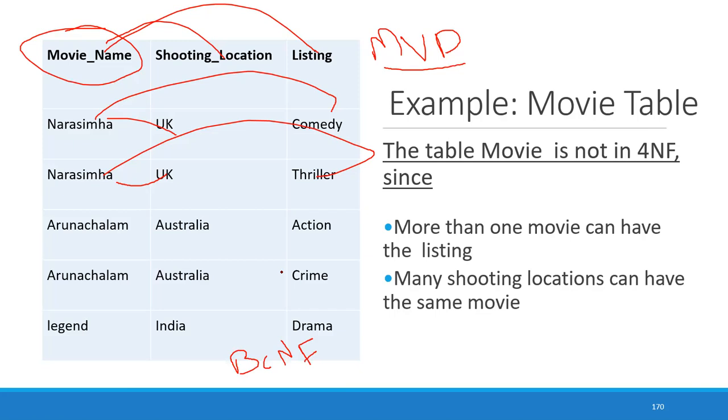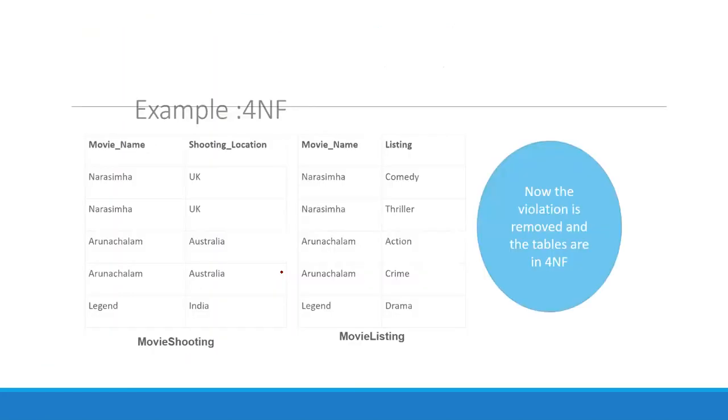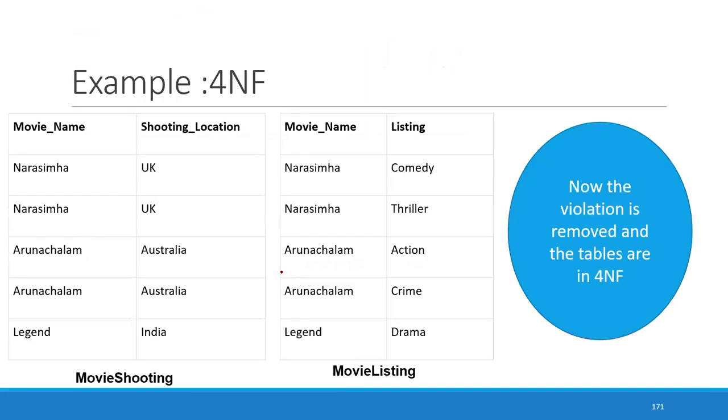Then we can give assurance that the given table is in fourth normal form. So this table is divided into two smaller tables: movie name and shooting location, and movie name and listing. Shooting location is dependent on movie name in one table, and listing is dependent on movie name in the other.